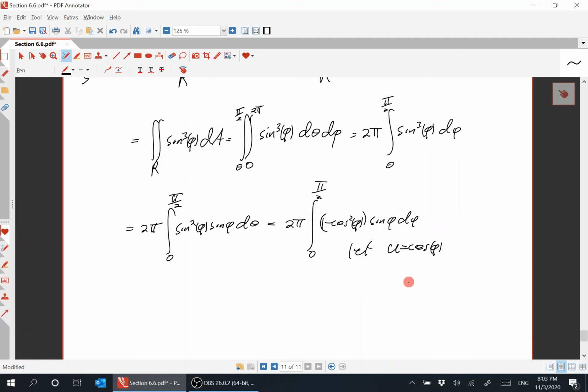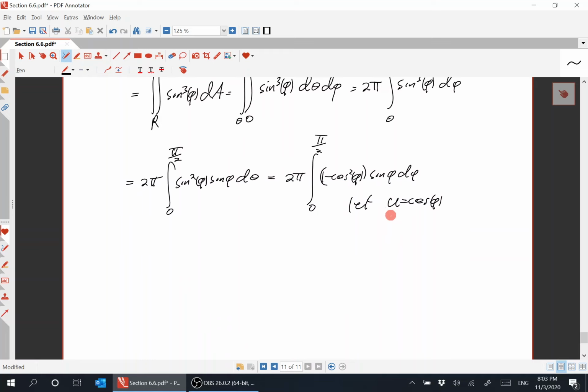I don't know if you remember this technique from Calc 2. But you let u equal cosine, then du is negative sine phi d phi, which is right there. So this becomes 2 pi times the integral of u squared minus 1 rather than 1 minus u squared, because you got to negate it.